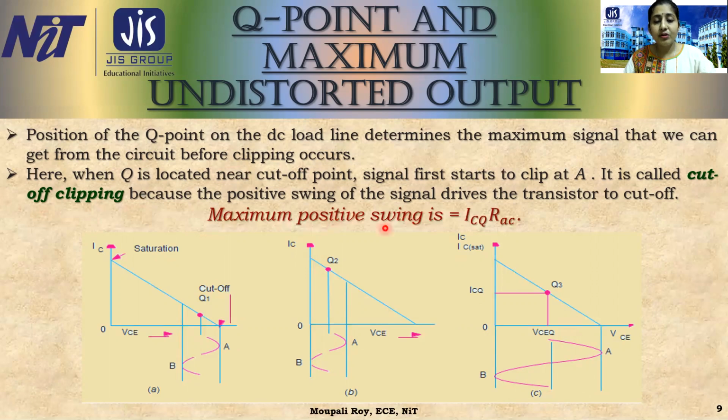So the maximum positive swing is ICQ into RAC. That means ICQ into RAC, the resistance of the AC.